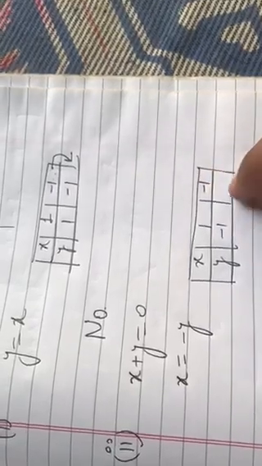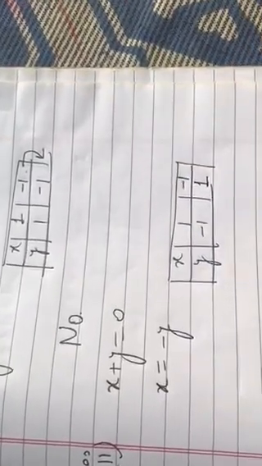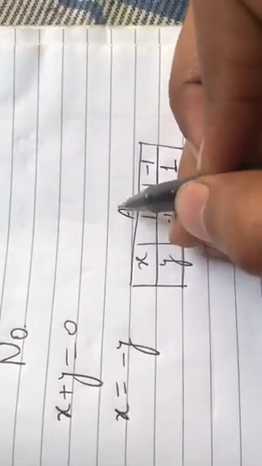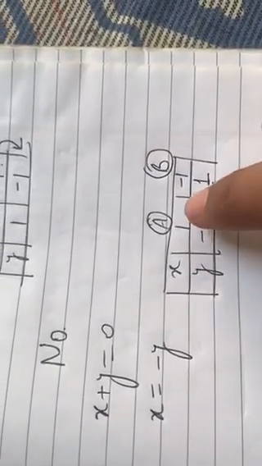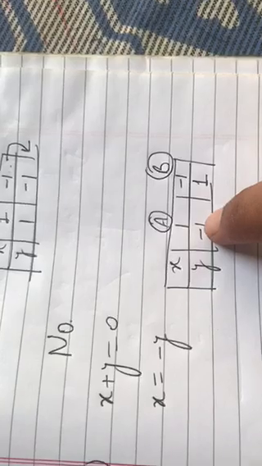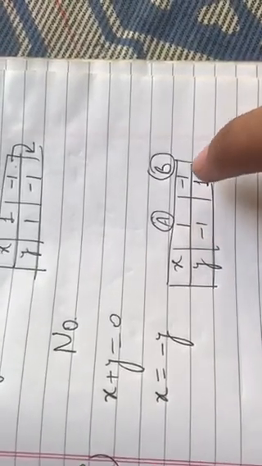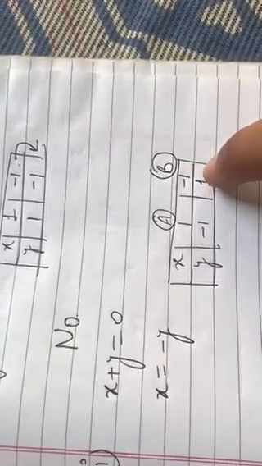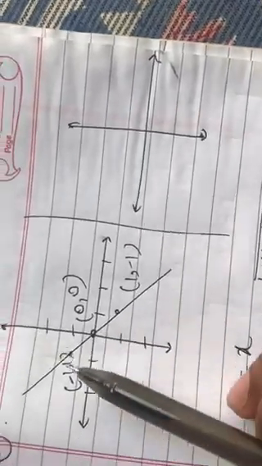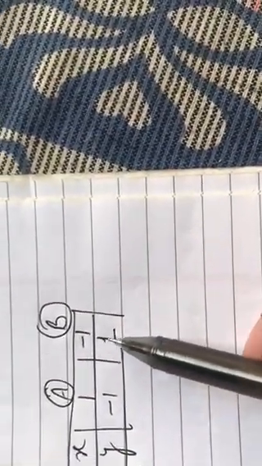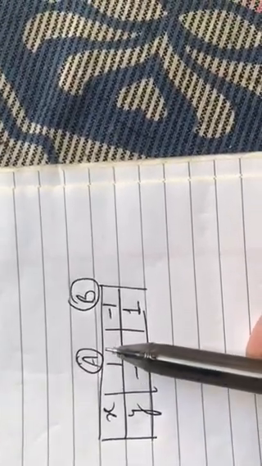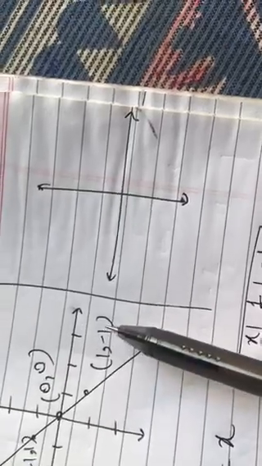But if we take -1 in the place of x, what is the value of y? It must be 1. This means this is your point A and this is your point B. This means (1, -1) lies on the graph of the equation and (-1, 1) also lies on the graph. Let's check. This is -1, this is also -1, and what about point A, it is (1, -1) and this is also (1, -1).